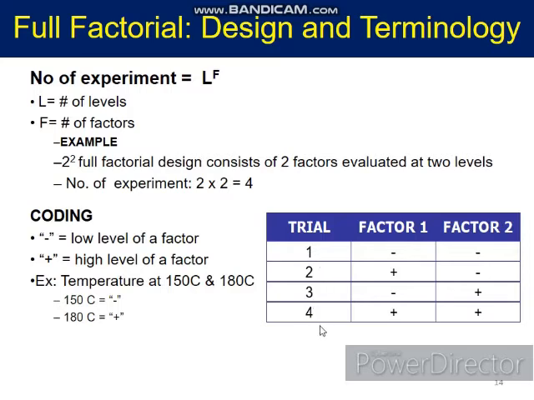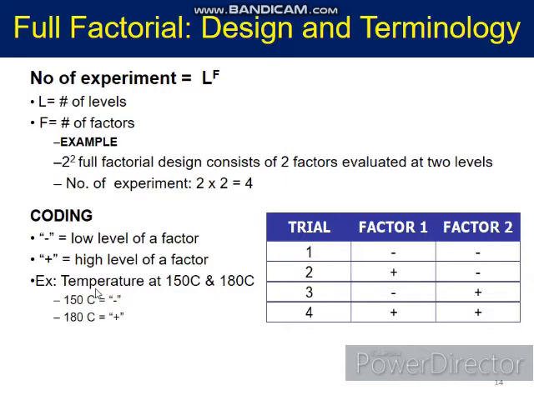You have 4 runs altogether, and these are the factors that you have to run. The first experiment, you run factor 1 at minus, factor 2 at minus. So what do minus and plus mean? The coding is, if it's minus, then it's the low level of a factor. If it's plus, then it's the high level of a factor.